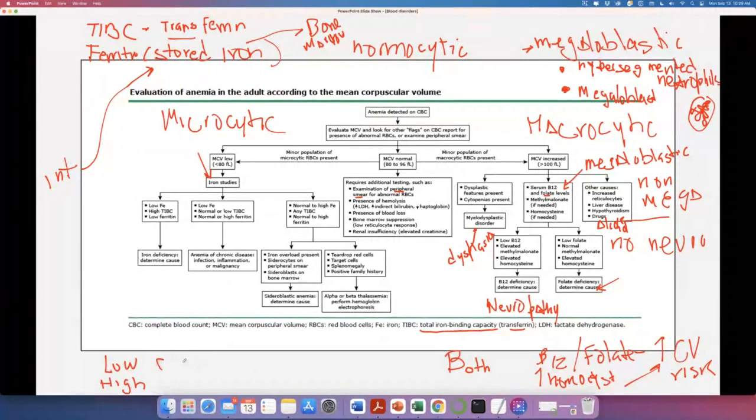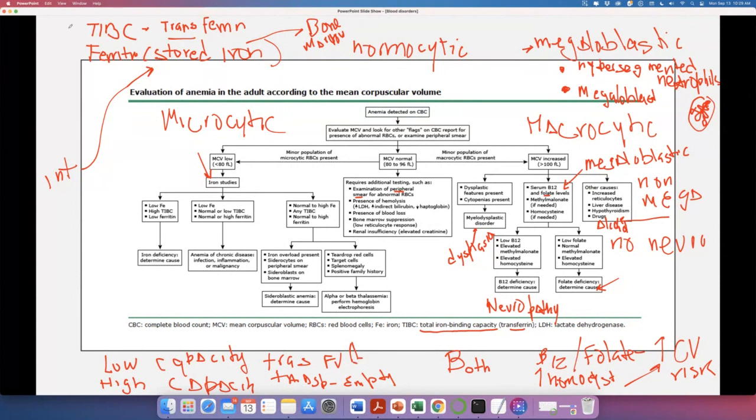Low capacity means the transferrin is full. The transporter is full. High capacity means the transporter is empty. We have a lot of capacity to put iron there.